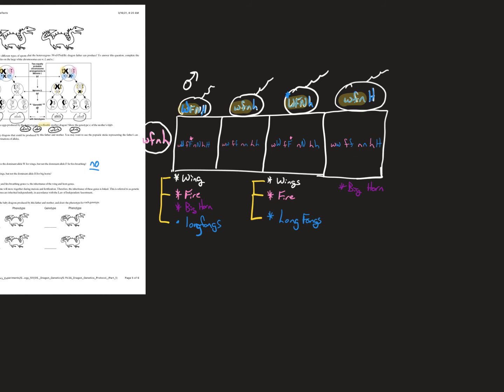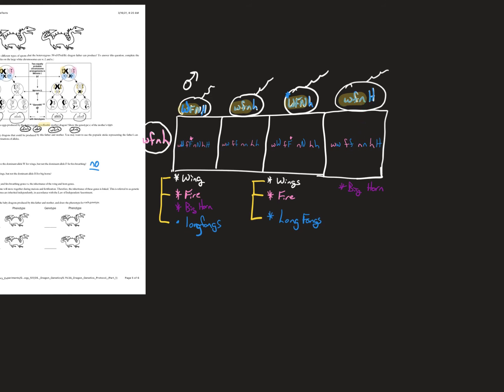So why is it that you're never going to have fire breathing wings without fire breathing? Because they're always going to be moving together. Now, big horns move separately. They're on a separate chromosome. So you can get a big horn with no wings, no fire breathing, and short fangs.